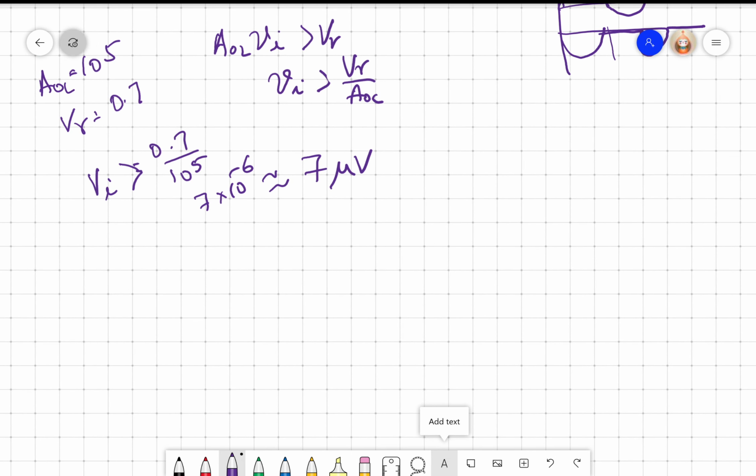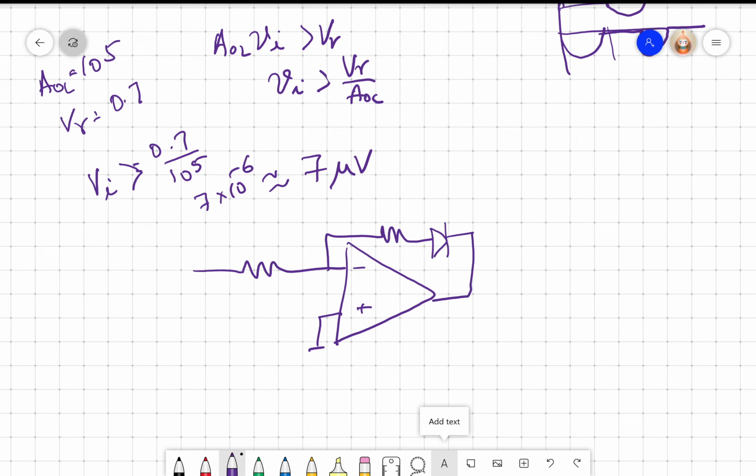So, is it possible to get a full wave rectifier? Yes. I just put the diode here. So this is my one input.